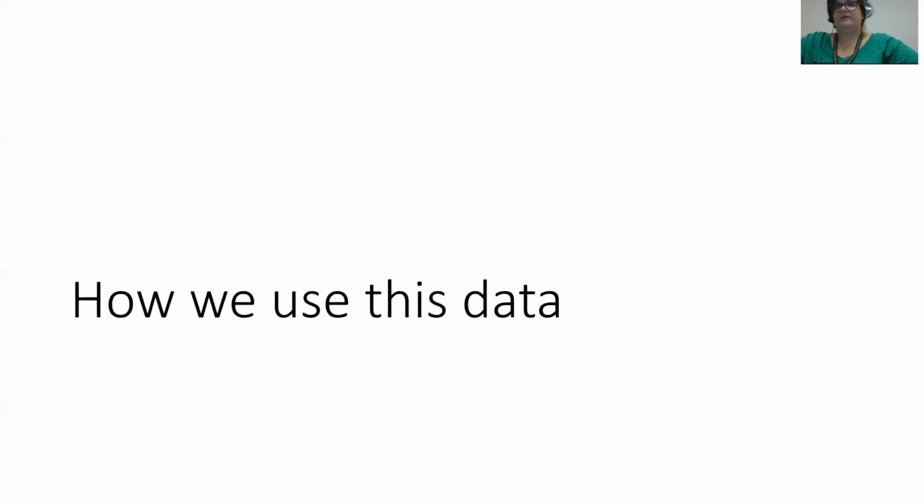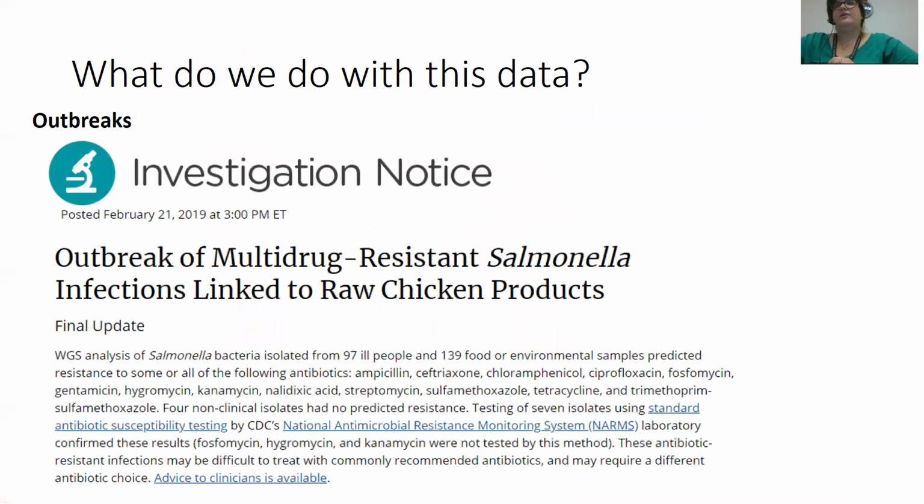So how we use this data. You may have seen some of the outbreak notifications and investigation notices that CDC now puts out. This is one from last year that involves multi-drug resistant Salmonella in raw chicken. And you can see here that we have put some of our information in here, this WGS analysis, predicted resistance to these antibiotics is a huge long list.